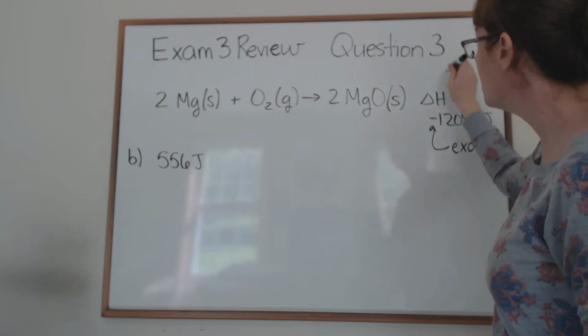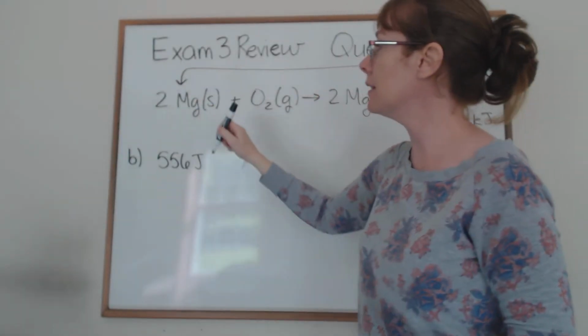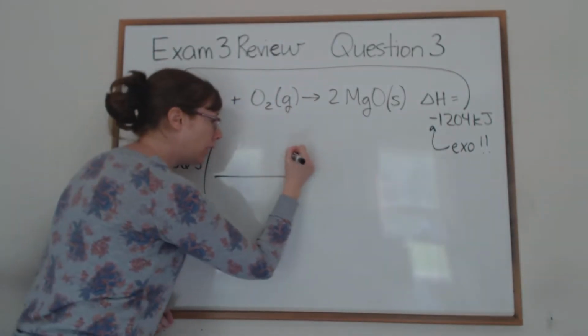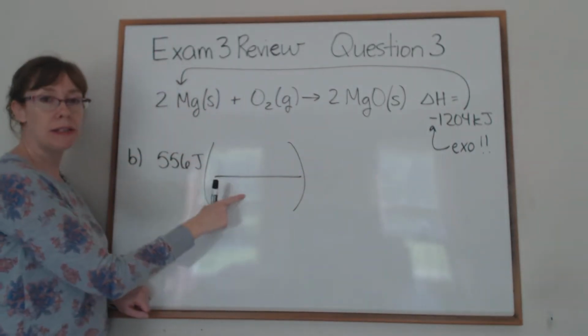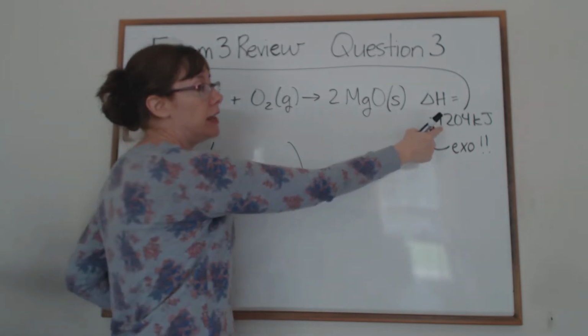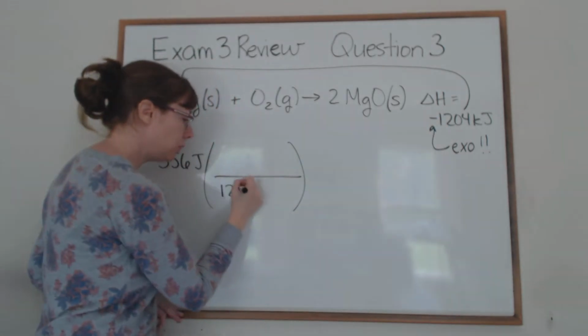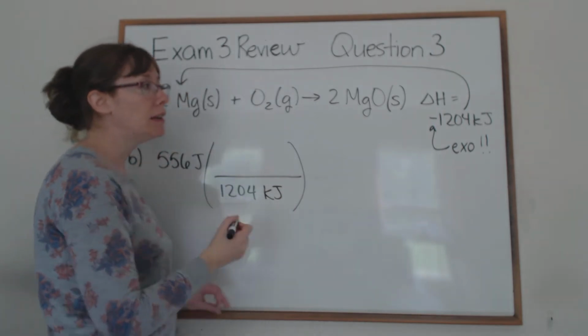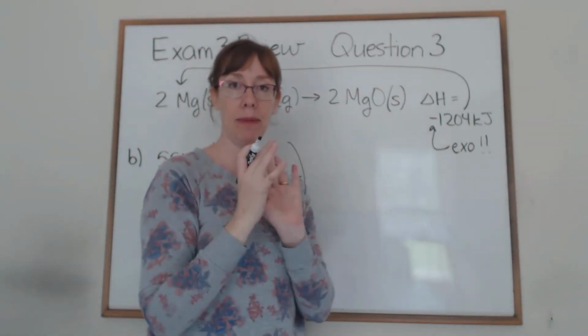So I'm going to relate this amount of heat to this species because this is the one that the question is about. And so I want the joules to be on the bottom. You just write it as a conversion factor. And essentially you're saying, I will produce 1,204 kilojoules. I'm kind of losing the negative because the negative is just telling me that it's leaving and not coming in, okay?